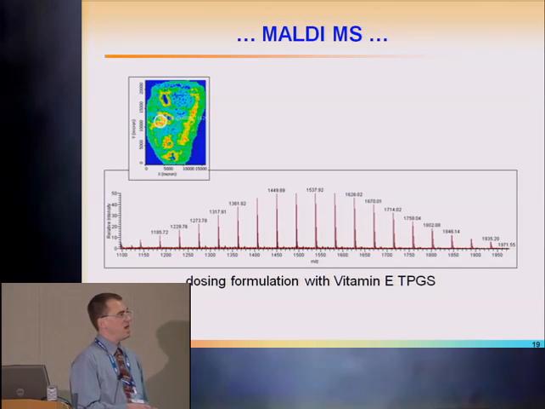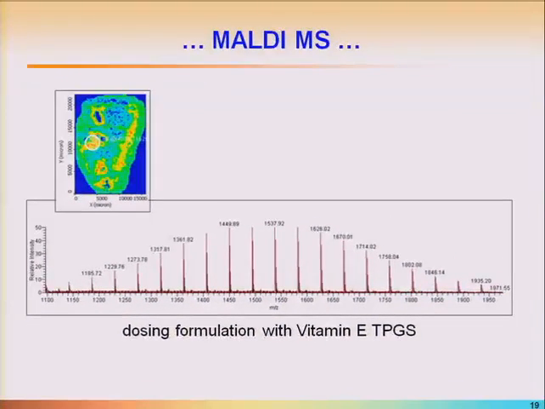Another example from the lab is where we had an animal that was dosed with a formulation containing vitamin E TPGS. When I looked for the analyte, and again the advantage of an ion trap, you acquire all the data, I found that there are areas where there was PEG, in my opinion PEG 1500 was accumulating.